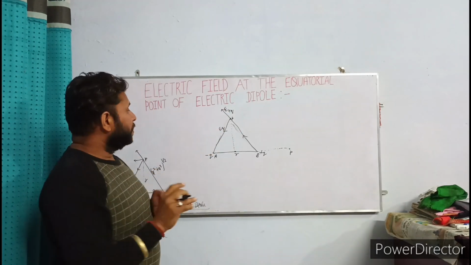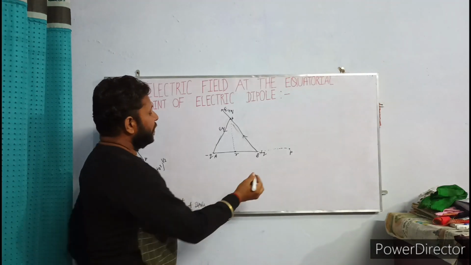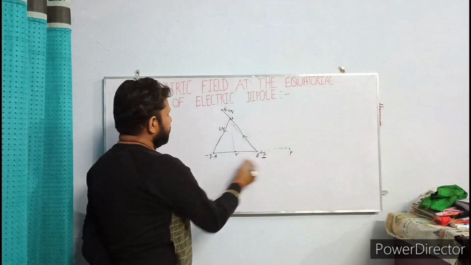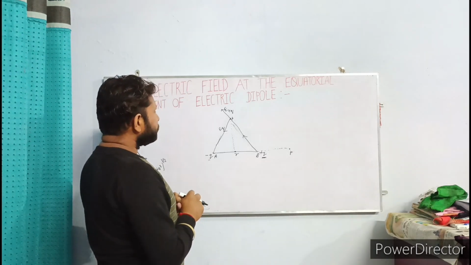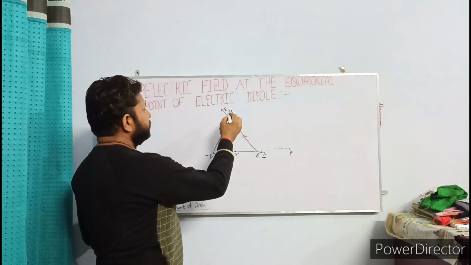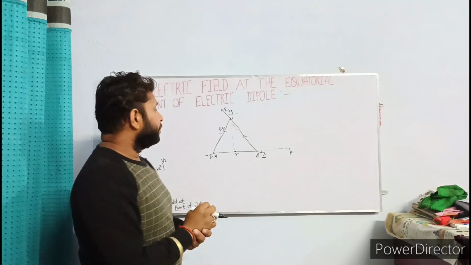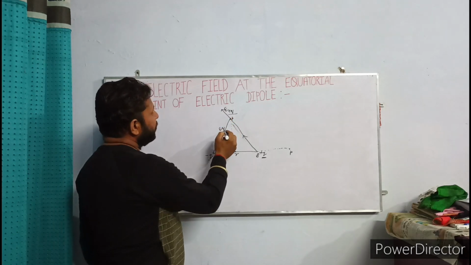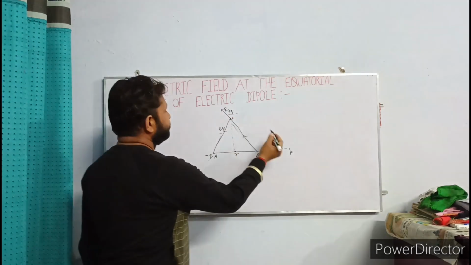Okay, students, it is clear. And after this, we have seen that the magnitude of plus Q and this charge are same, so magnitude of E plus Q and magnitude of E minus Q would also be same. So then we have to calculate the resultant electric field between them.